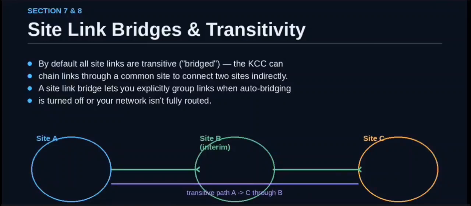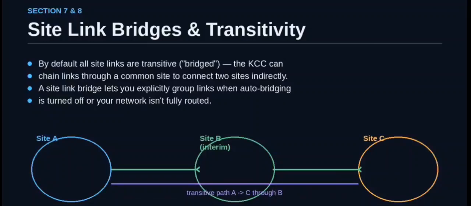This means Active Directory can combine multiple site links to create an indirect replication path. Think of it like traveling. If you can travel from Delhi to Mumbai and from Mumbai to Bangalore, you can also reach Bangalore from Delhi, even without a direct route. In the same way, Active Directory can replicate changes from Site A to Site C through Site B. Okay, so in most environments this happens automatically, so administrators don't need to configure anything.